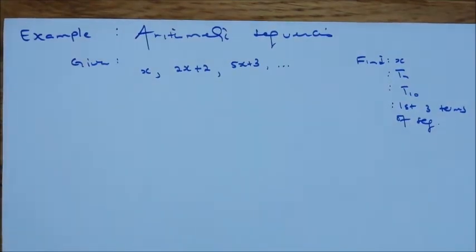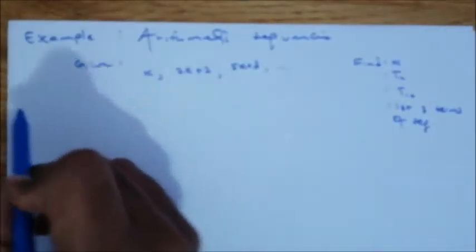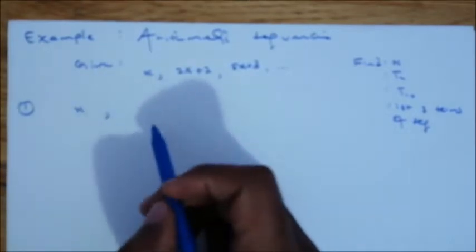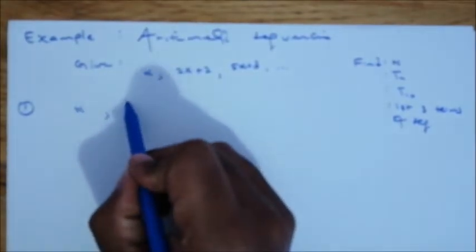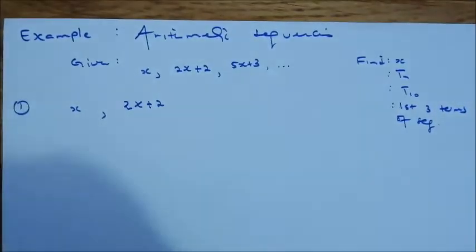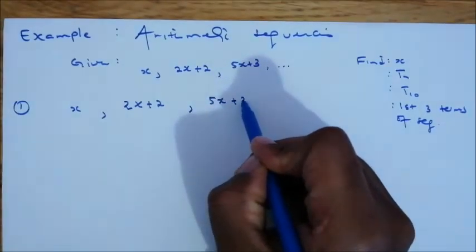So in order for us to find x, we must use the information we know about arithmetic sequences, right? So the first term is x. The second term is 2x plus 2, right? And then the third term is 5x plus 3.